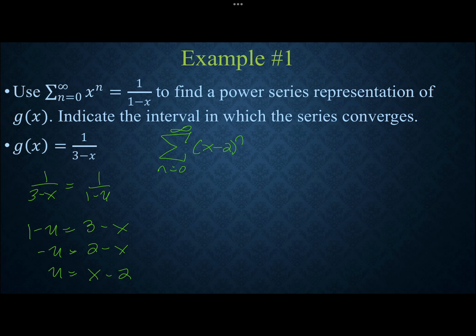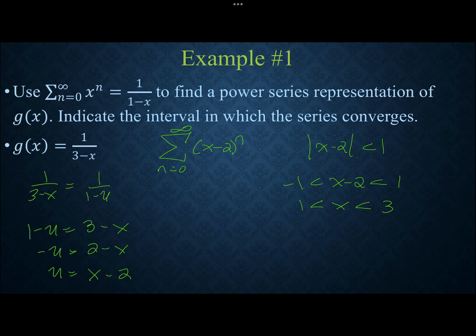Now, we also need to figure out where the series converges, because as we talked about with our infinite geometric series, it only converged when the absolute value of r was less than 1. Well, that's what this is right here. The absolute value of x minus 2 has to be less than 1. Well, in a case like this where it's a linear equation, we can say it's in between negative 1 and 1. Add the 2 over.